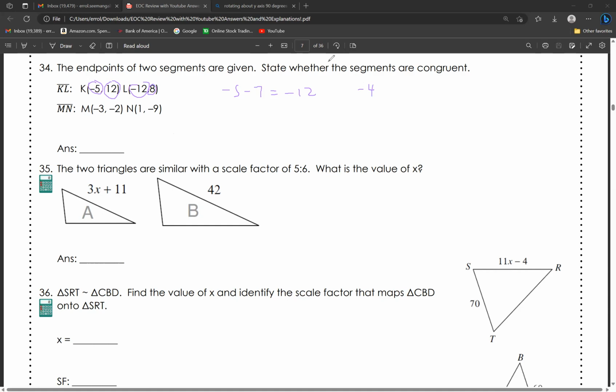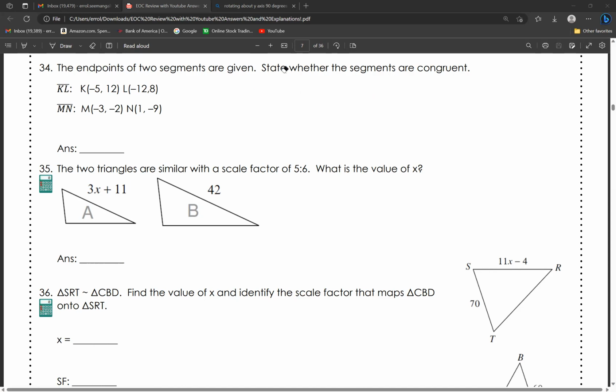On this one, you would just use your line segment formula, check the length of line segment KL, and check the length of line segment MN, and see if they're the same. If they're the same, then they're congruent. If they're not the same length, then they're not congruent. So what's the line segment formula? I don't have it here.